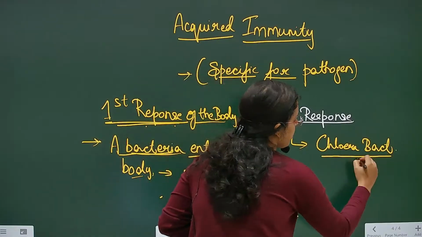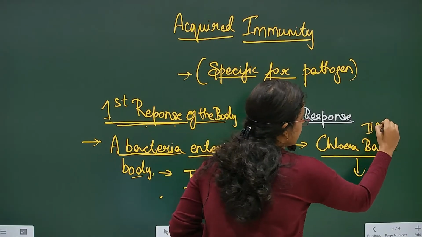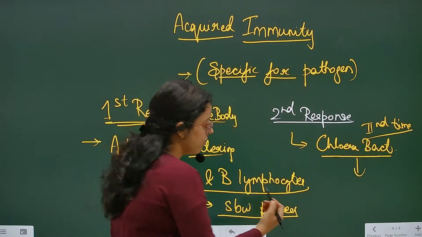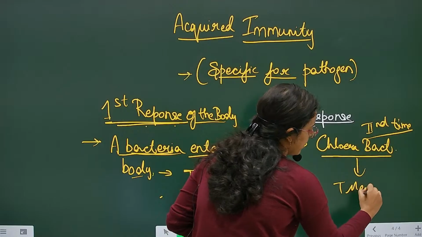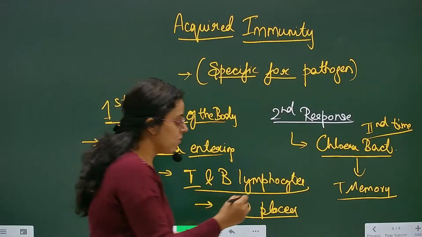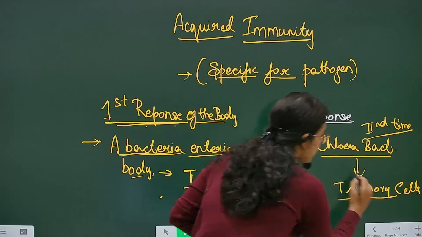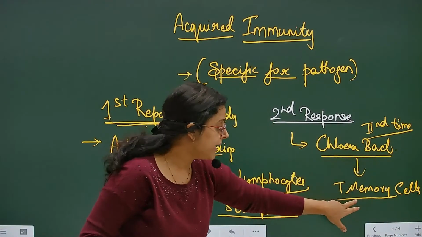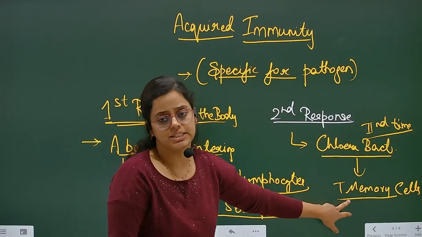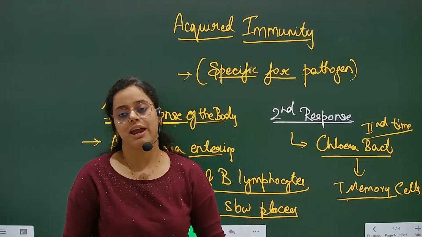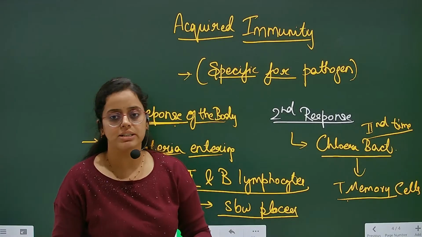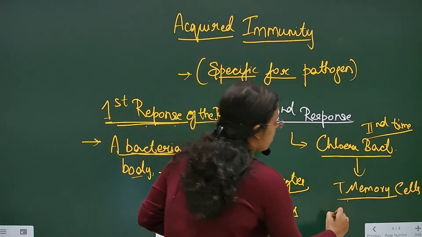So the second time the cholera bacteria enters the body, we already have T memory cells, a memory of this particular bacterial structure. The T memory cells recognize the cholera bacteria and immediately inform the B lymphocytes and killer T cells. B lymphocytes will produce antibodies and killer T cells come to the cholera bacteria.